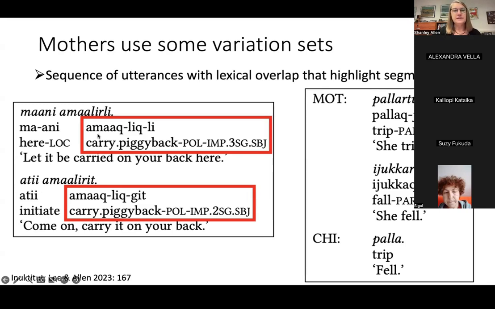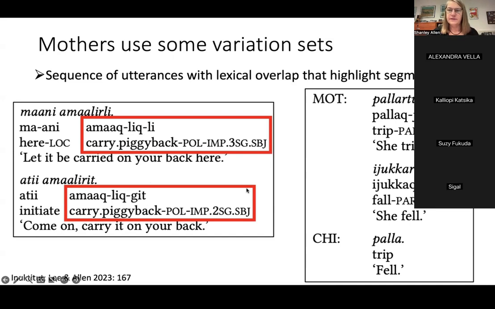We see the same verb root, amak, to carry on your back, and the same politeness morpheme, lit, that's used before an imperative, but then two different imperative morphemes, li and git. The idea is that this would help the child segment the different imperative morphemes, because they see that the beginning is the same but the ending is different. That ending must mean something different.